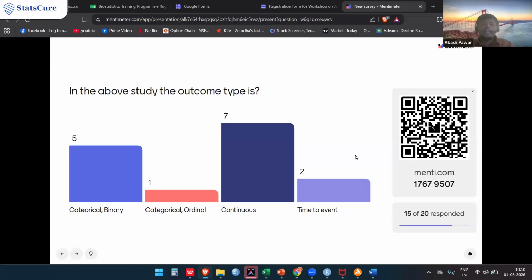And then we will take the percentage of yes and no, and we will say out of 100 patients, 70 had response, so that is the 70% we achieved as compared to 30% no response. So this can be considered as categorical binary.